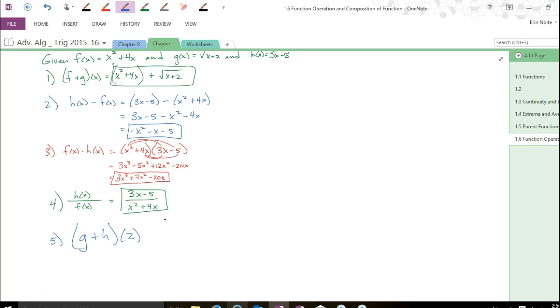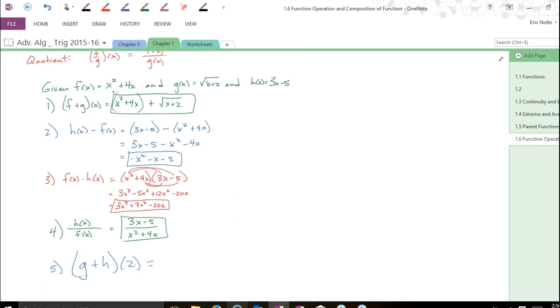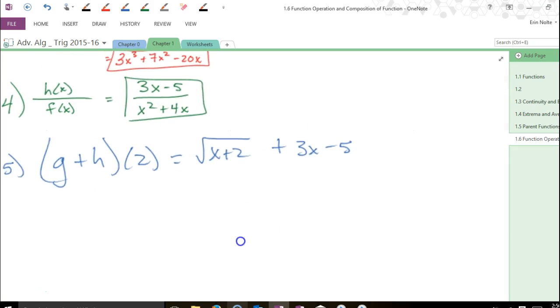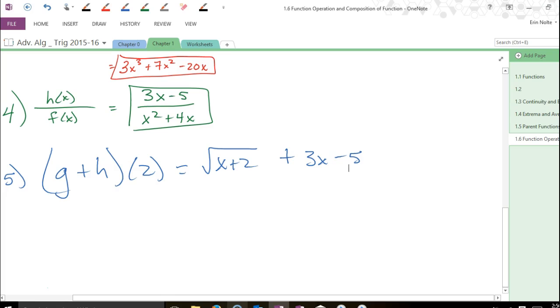I'm going to start by writing the two functions together. My g was the square root of x plus 2, and my h was 3x minus 5. Since we're doing it in terms of 2 now, I'm going to replace all of those x values with 2.